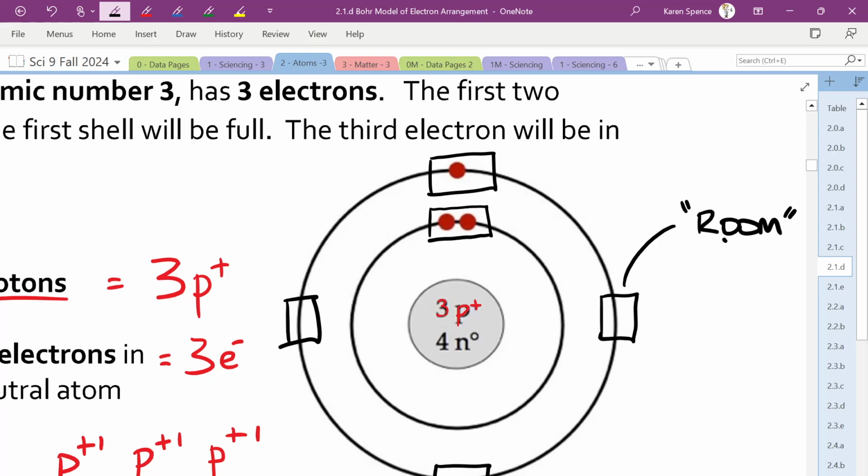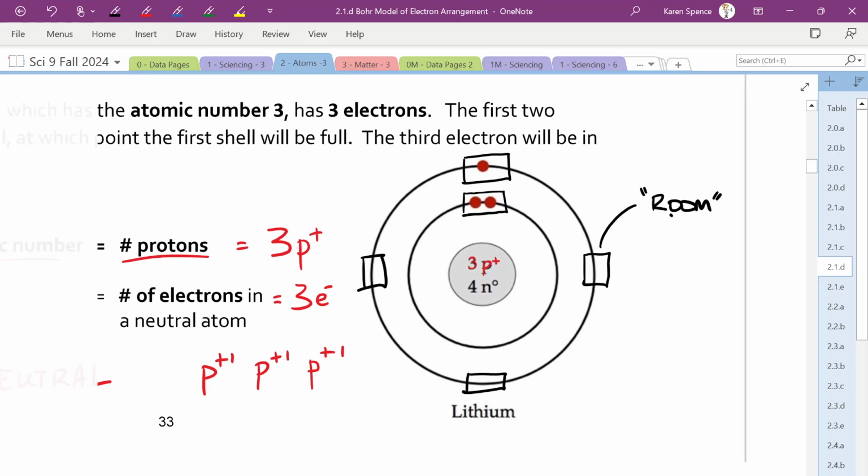Shell 1 has 1 room. Shell 2 has how many rooms? 4. Shell 1 has 1. Shell 2 has 4. How many does shell 3 have? 4. Okay. And where do the 4 rooms go? One goes on the side, one goes on the other side. Okay, so that's where our rooms go.